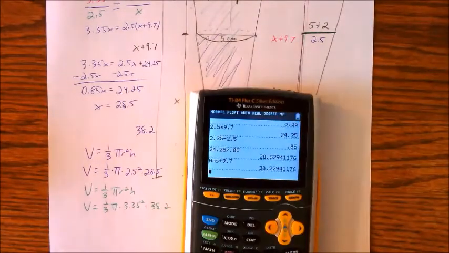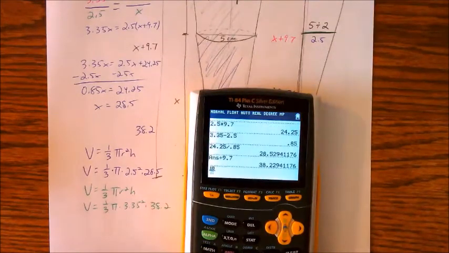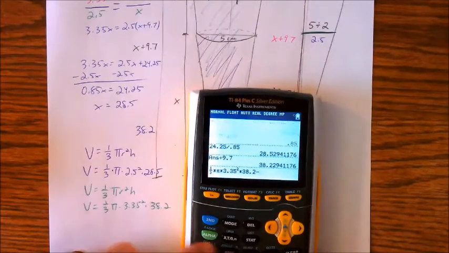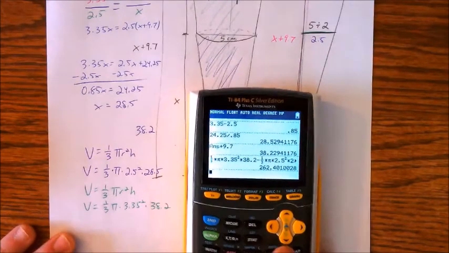Alright, so I'm going to type this all in at once. I'm going to type in the large one, 1/3 times pi times 3.35 squared times 38.2 minus 1/3 times pi times 2.5 squared times 28.5.